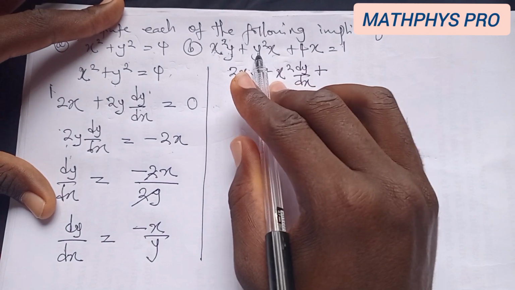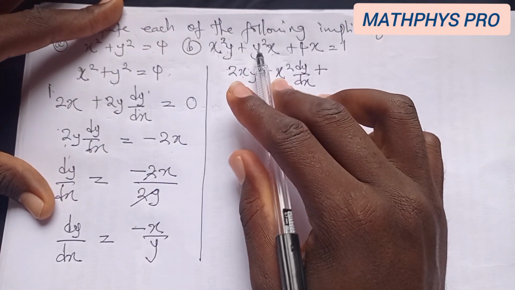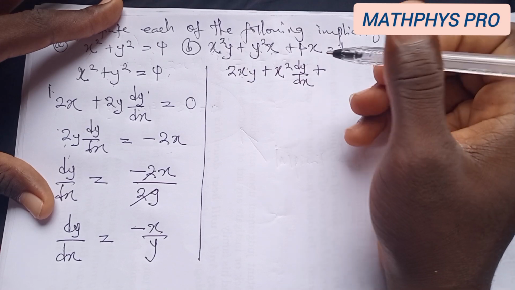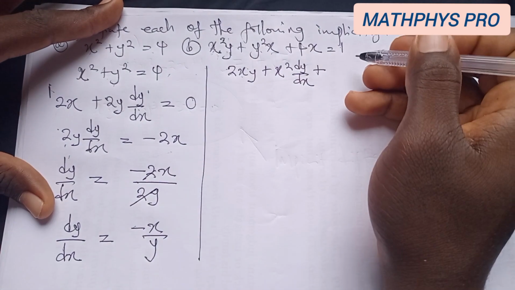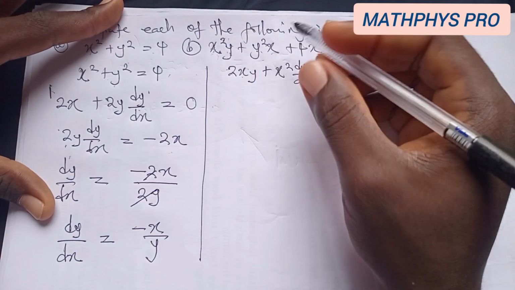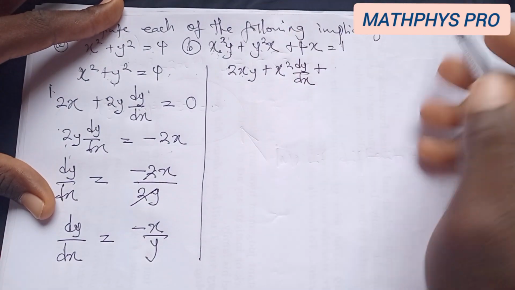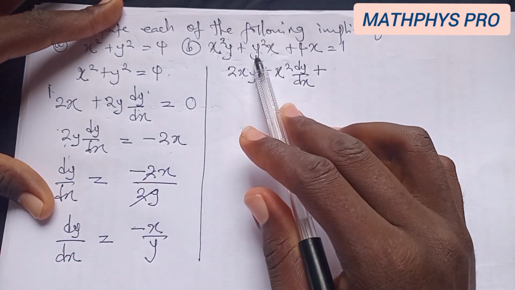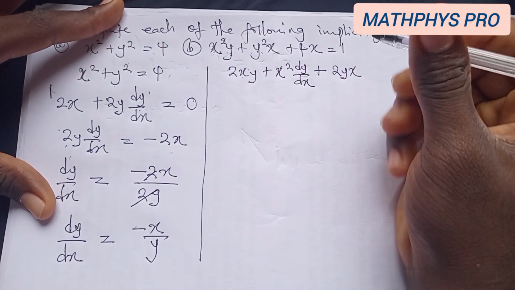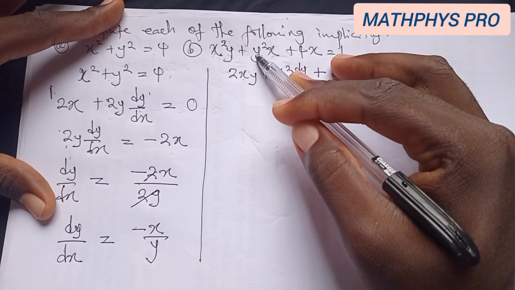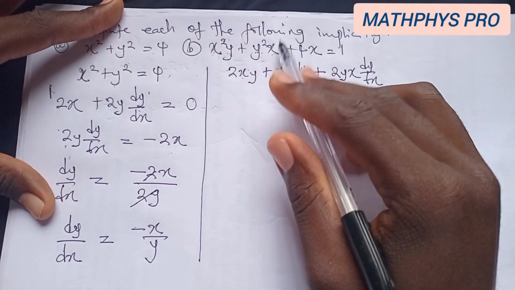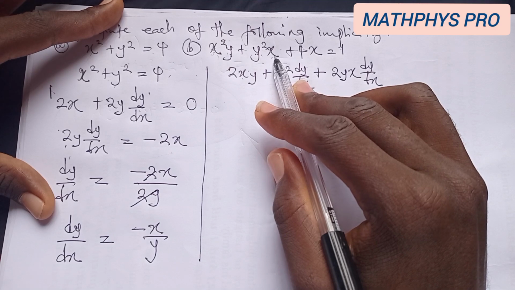Plus y squared x: differentiate y squared and you have 2y, and don't forget that whenever you differentiate y, you add dy over dx. Now you differentiate x, you have 1.